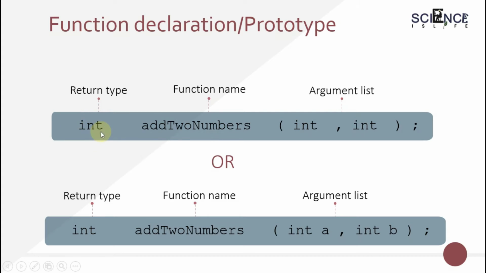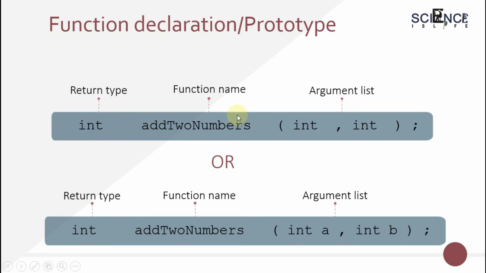If we are going to return float, then we should mention float. Likewise, at the very beginning, we need to mention what is the return type of our function. That means we can return something by using a function, so we need to mention what the return type is. If you are not going to return anything, then you can mention void here, right?